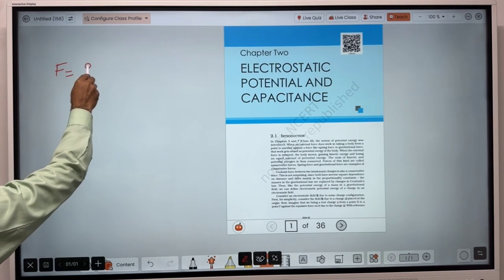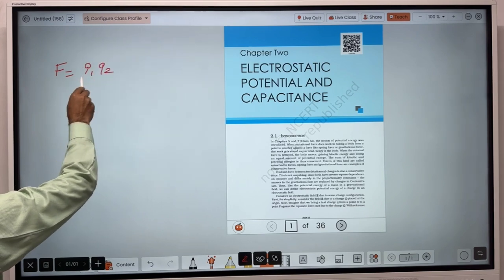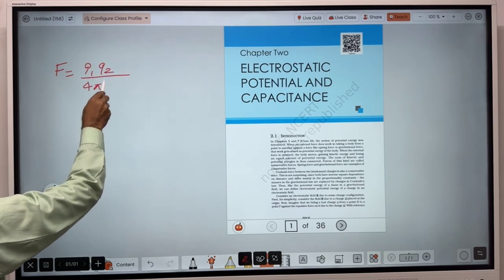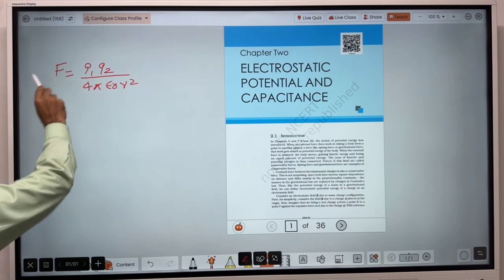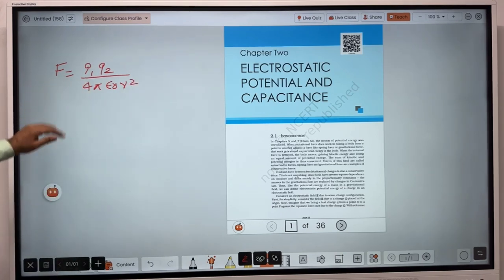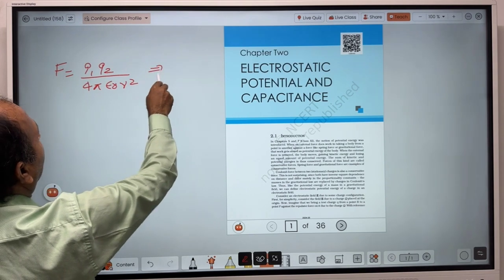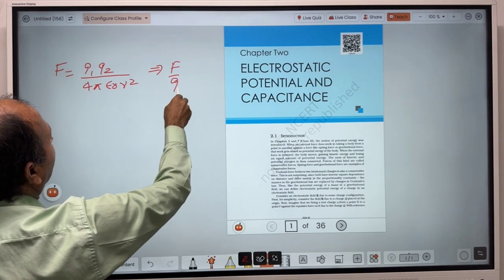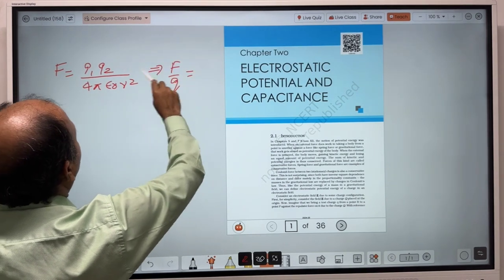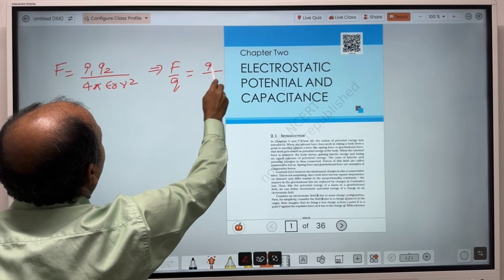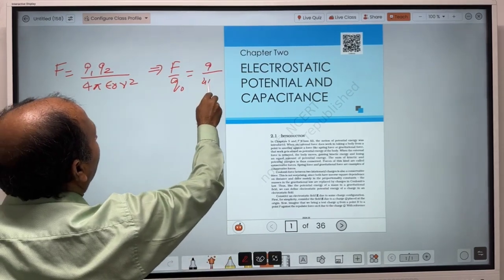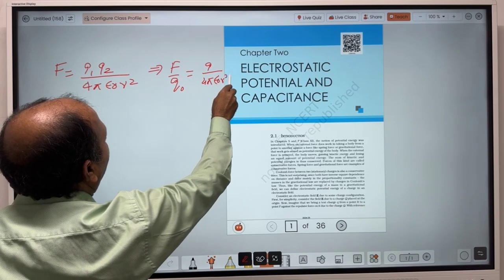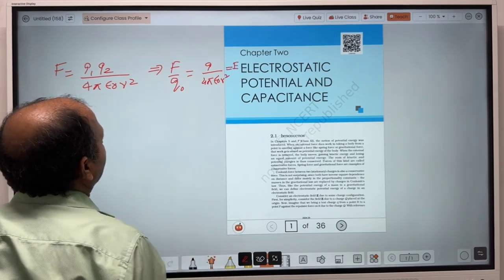Force is given by Q1 Q2 divided by 4 pi epsilon naught r square. If we divide force by charge, what do we get? F upon Q. Then 1 Q will be left, so Q upon 4 pi epsilon naught r square, which is the electric field.